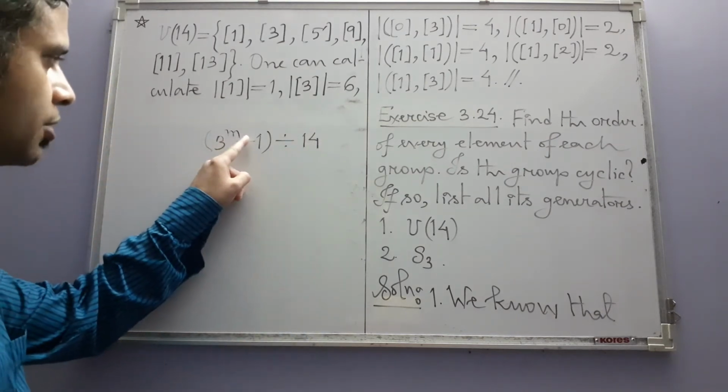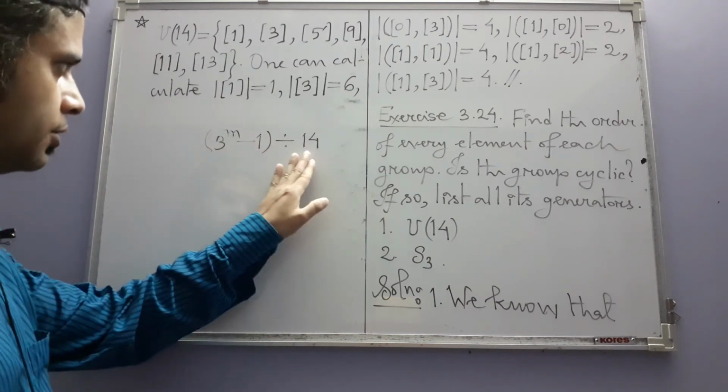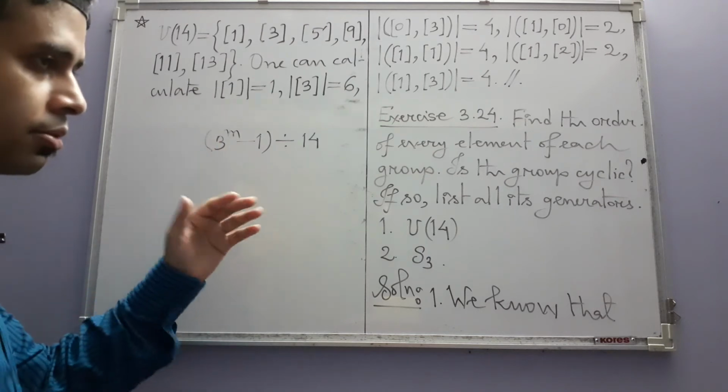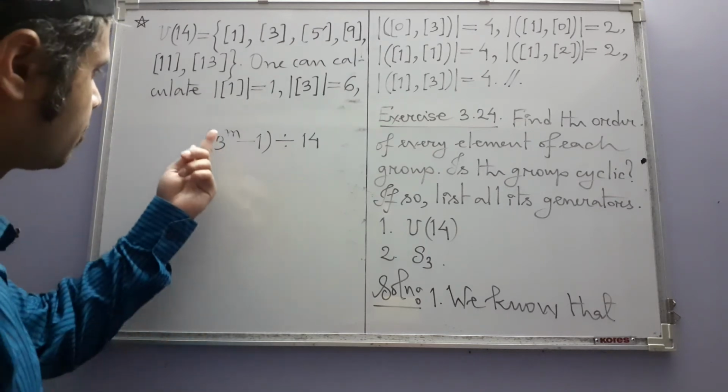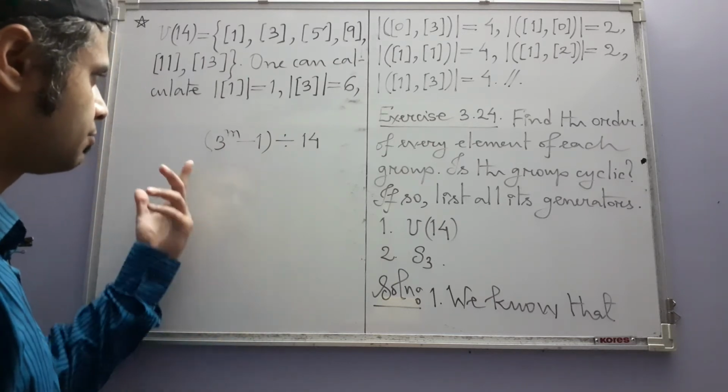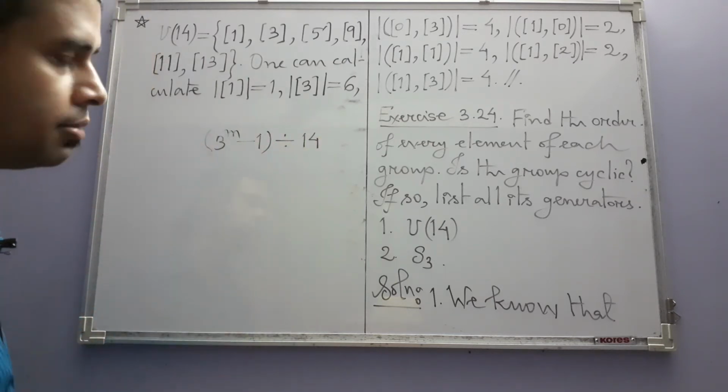If you put m equal to 0, then of course you get an integer, but we are not considering 0 values of m. For us, m is a positive integer. We are trying to find the smallest m for which this will be an integer.